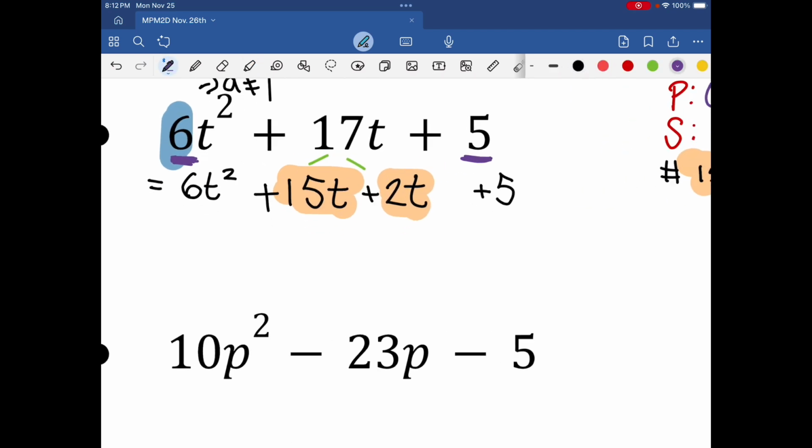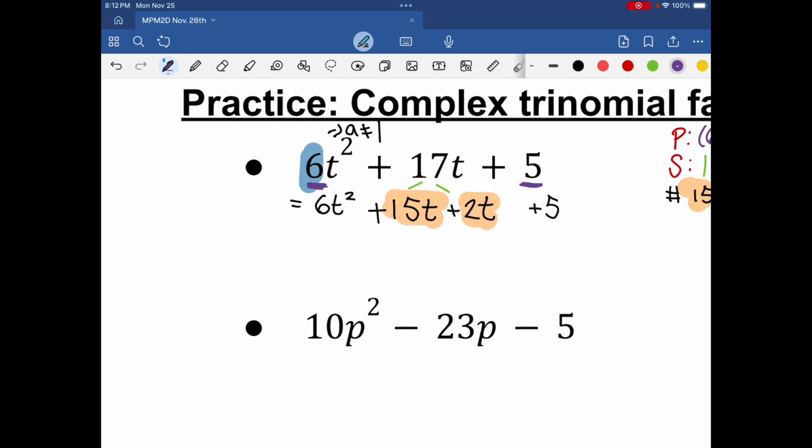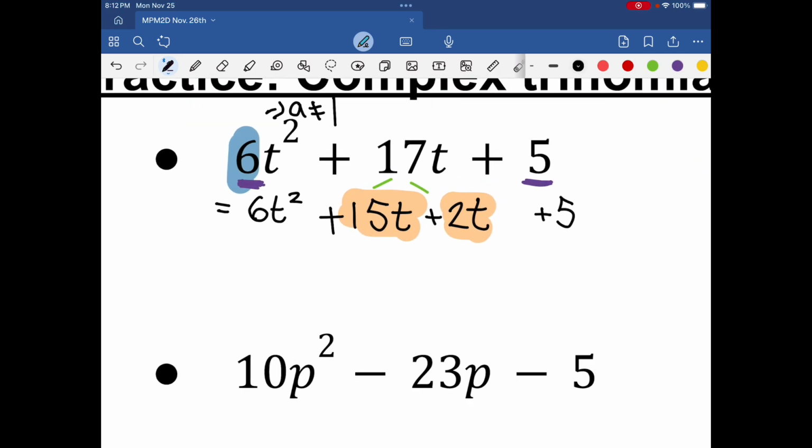Then from there, I would do some factor by grouping. So I put brackets around my first two terms, and brackets around my next two terms.